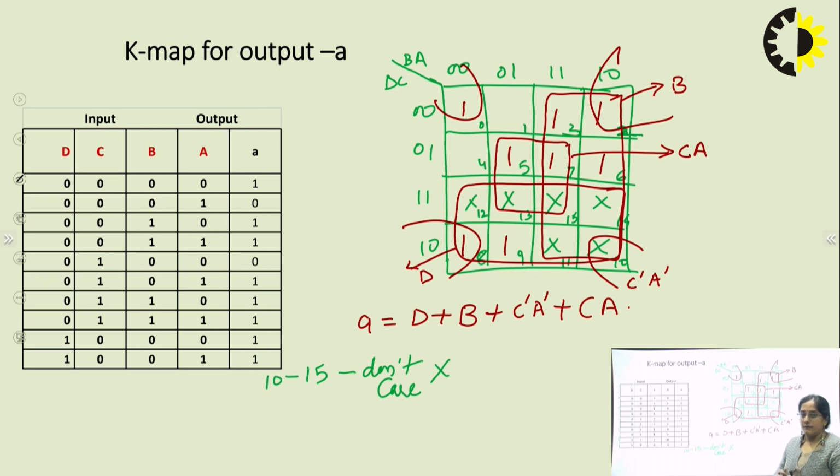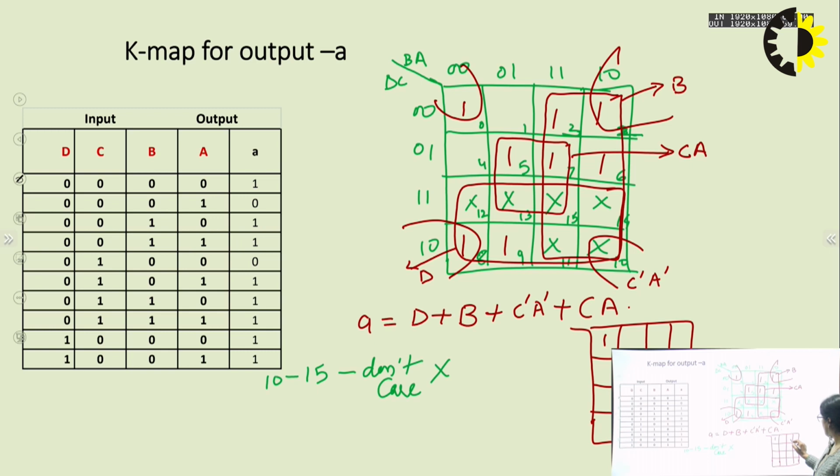But if we don't consider this as a don't care, then what will be the situation? So we will draw one more small K map and just see what expression we get. So these are the positions where we are placing the 1.